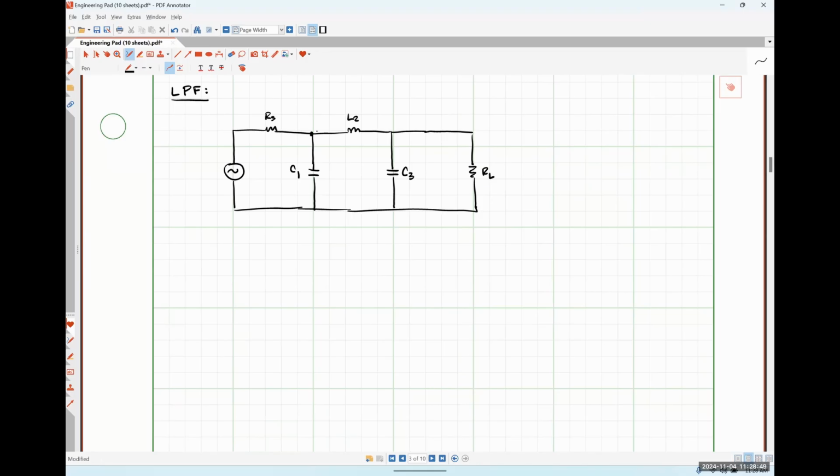So let me ask you guys, because it seems intuitive-ish to me: how do you think we would convert this circuit from a low pass filter into a high pass filter? Let's start there. Anybody have any thoughts?